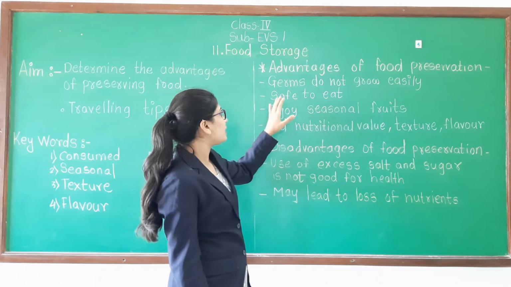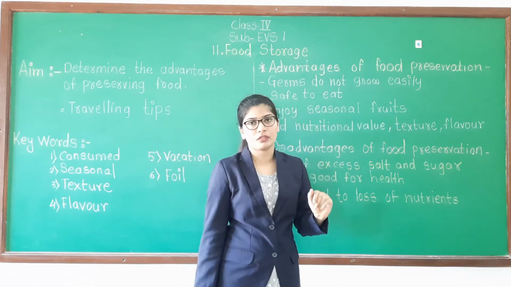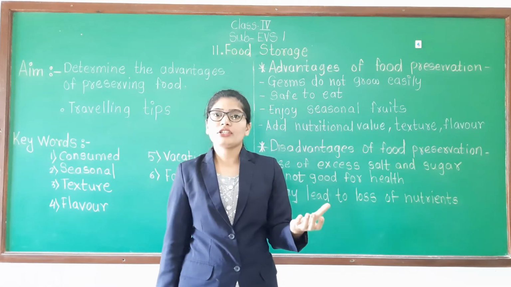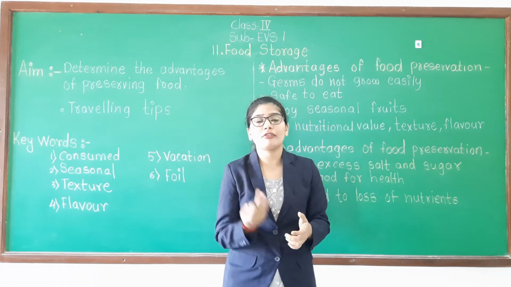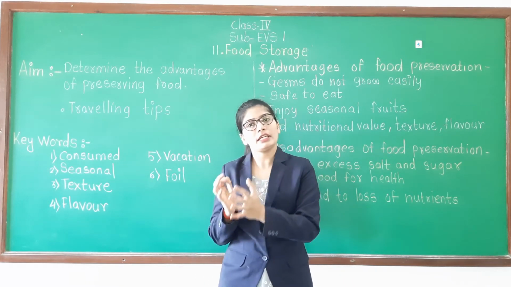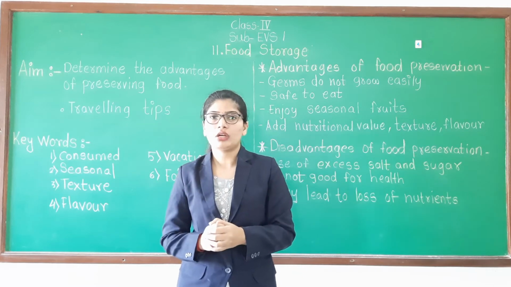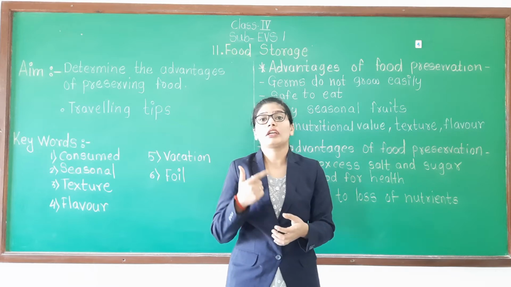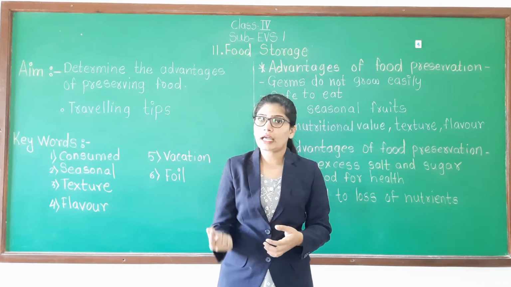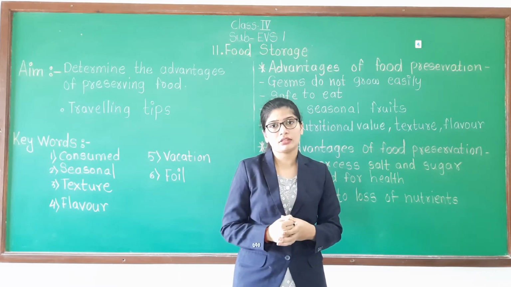Next one is that it is safe to eat. Now if a fresh apple is there and a spoiled apple is there, which one is safe for eating? Can we eat that spoiled apple? No, we cannot eat that because there is a loss of nutrition, and there are germs that can affect our health.